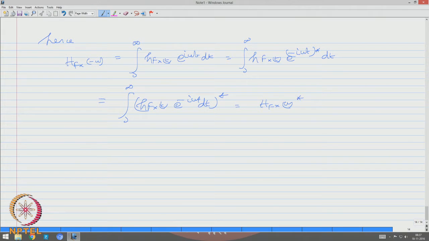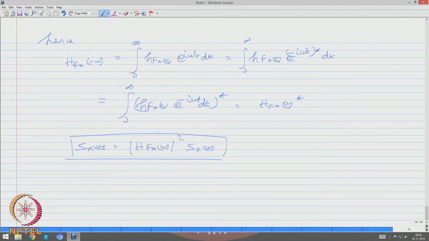Having said this, we can say now S_x(omega) is |H_f,x(omega)| squared times S_f(omega). That is the relationship between the response spectrum and the force spectrum by connecting them to a transfer function, and the transfer function is actually proportional to the dynamic amplification factor. It is independent of the load and it is a system dependent characteristic.